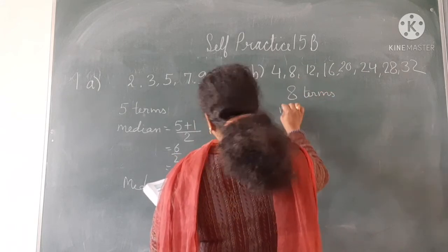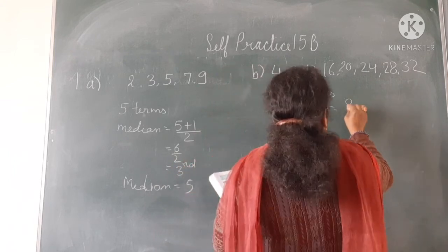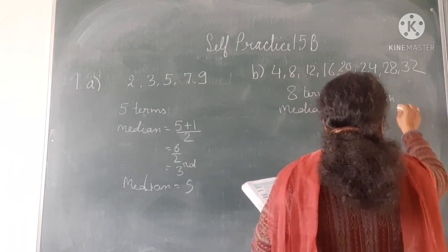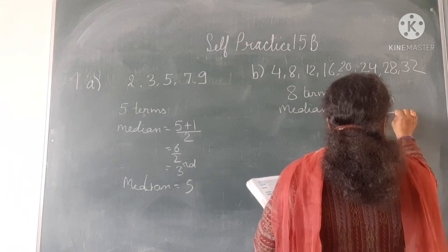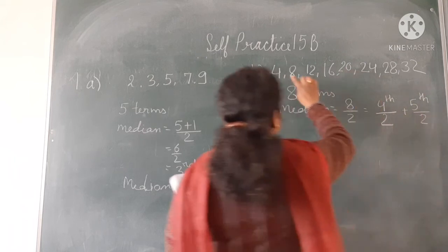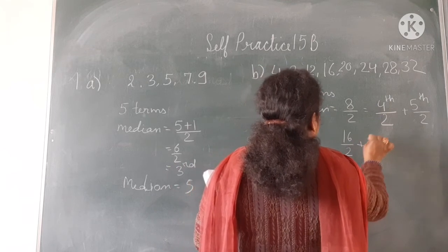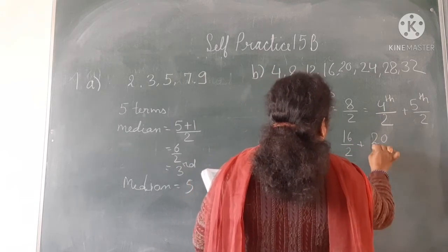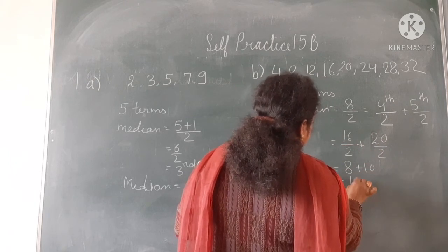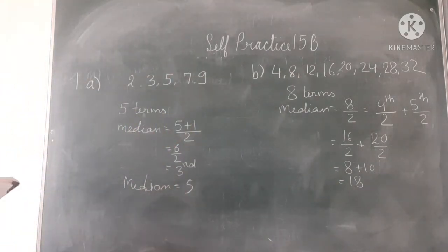The median will be 8 upon 2, that is 4, so you take the 4th term by 2 plus the 5th term by 2. The 4th term is 16, so 16 by 2 plus 20 by 2, that is 8 plus 10, which is 18. The median here is 18. Is it clear now?